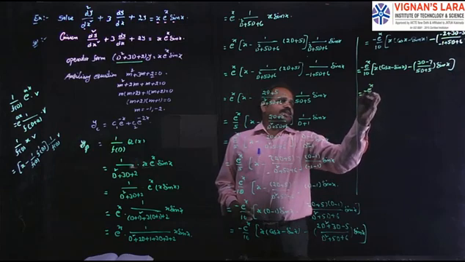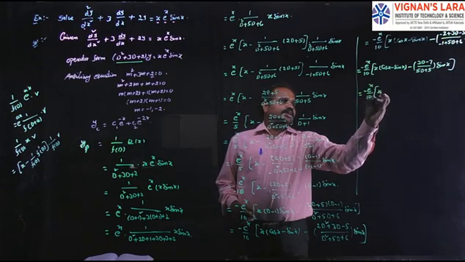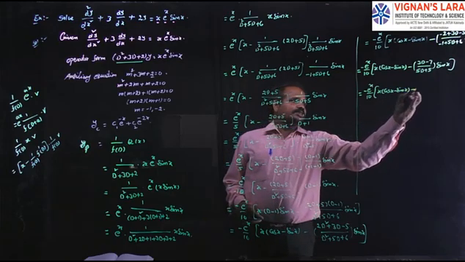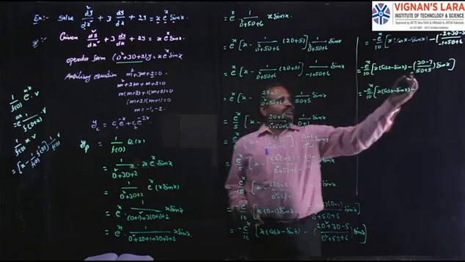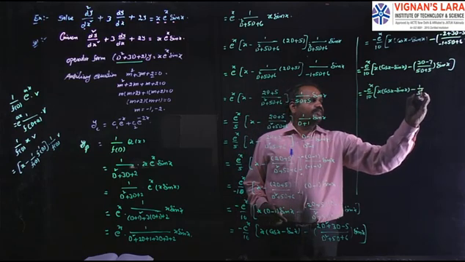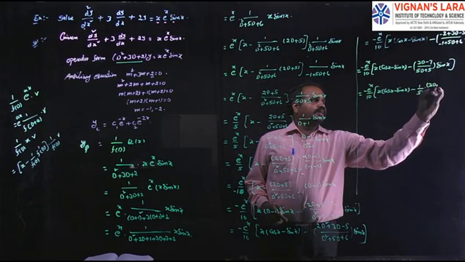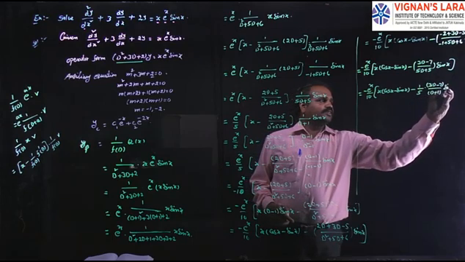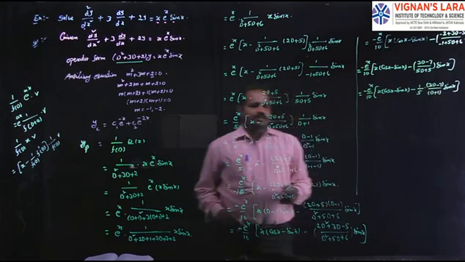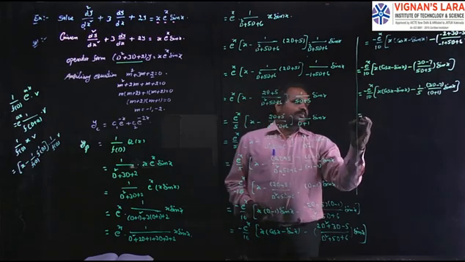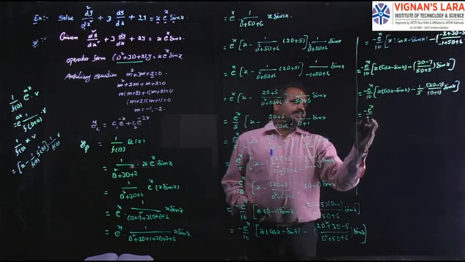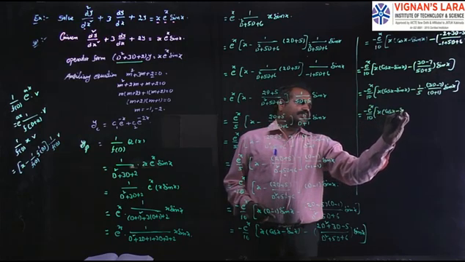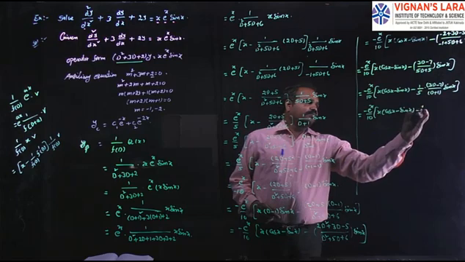Minus e power x by 10 x into cos x minus sin x minus, what is the common in the denominator? 5. Take out that one common. (3D minus 7) by (D plus 1) into sin x, which is equal to minus e power x by 10 x into cos x minus sin x minus 1 by 5.